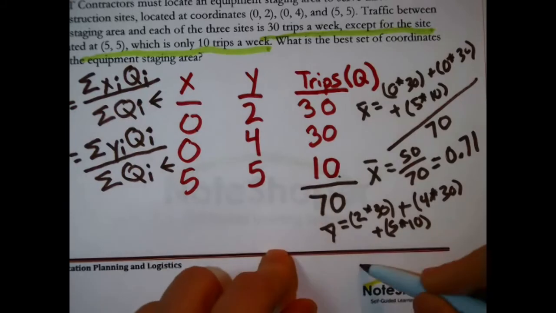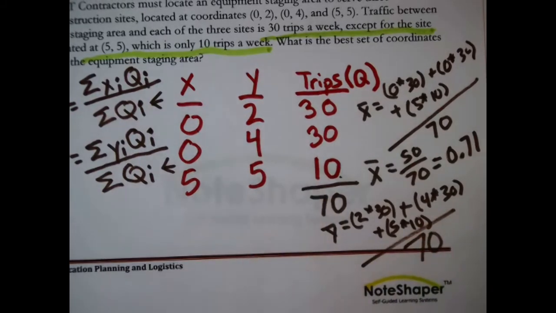That's all in the numerator. That's all divided by 70. All right, well, I added all that up on my calculator. You can check me on this. I got 230. So the perfect y-coordinate is 230 divided by 70, or 3.29.